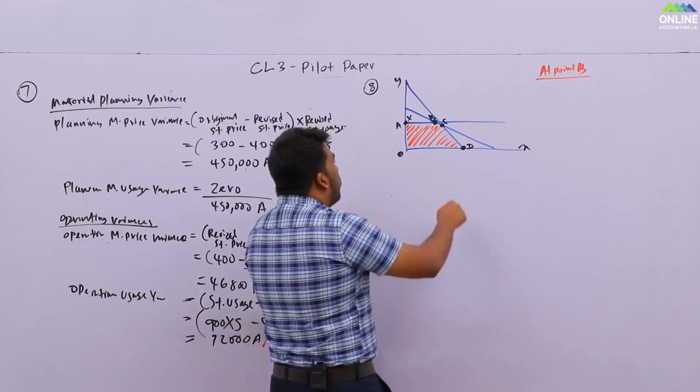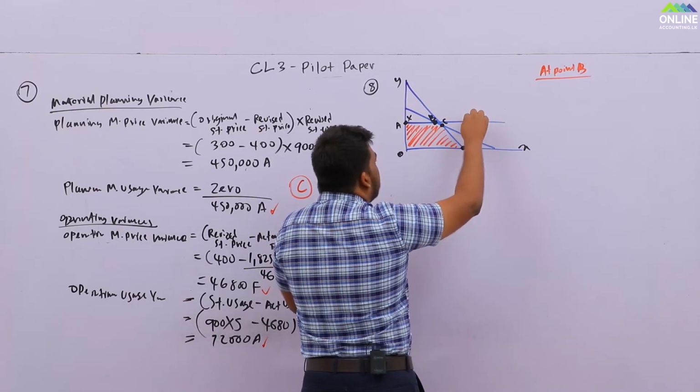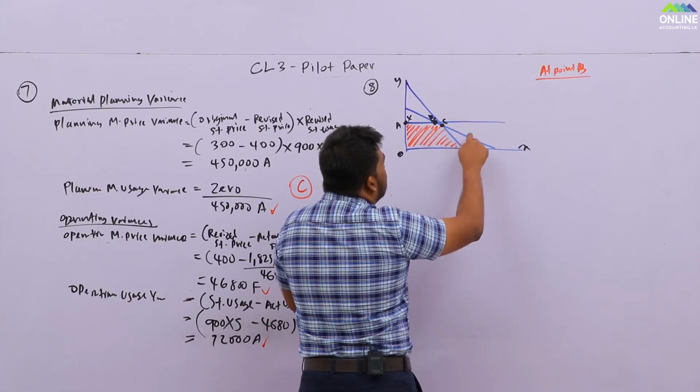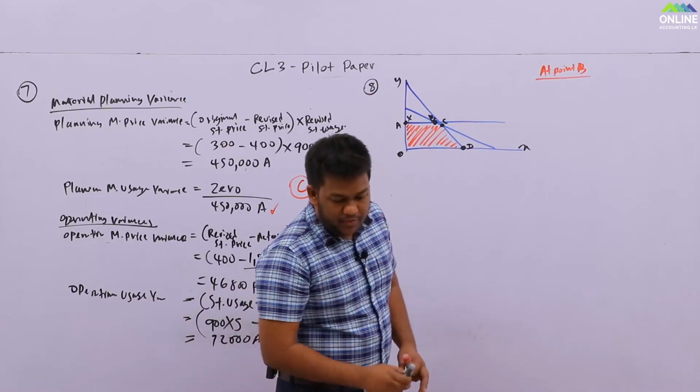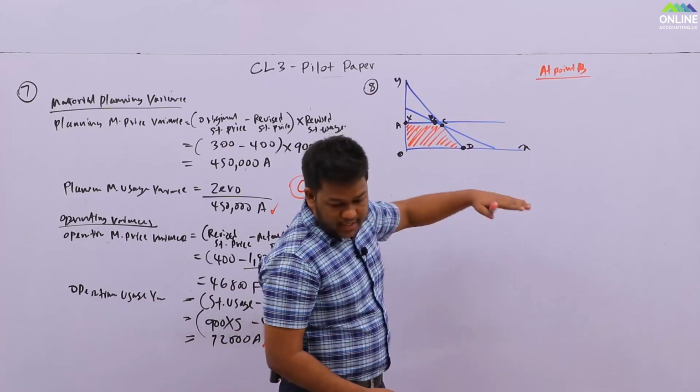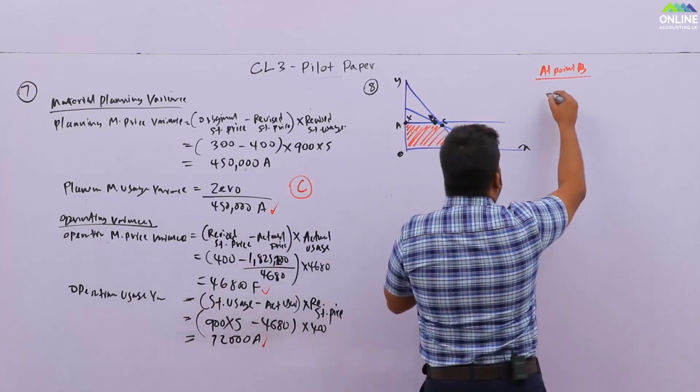What are the two lines that are intersecting? This line as well as this line. So what are these two formulas? The first formula, of this line, is y equals 13,000.